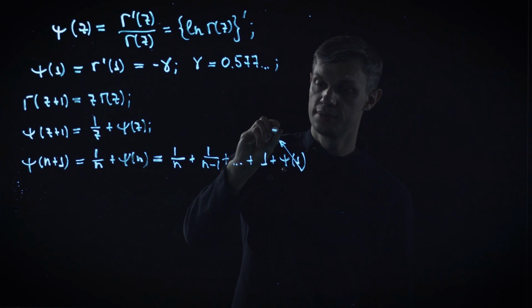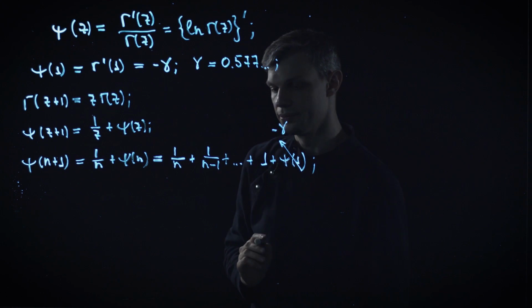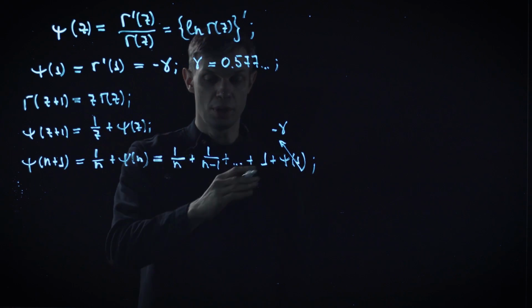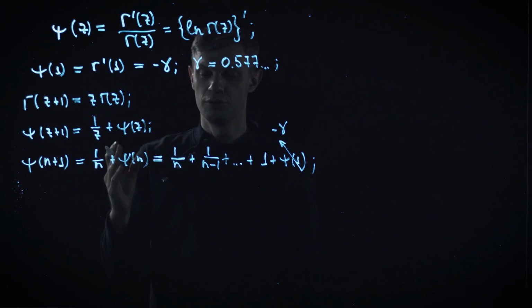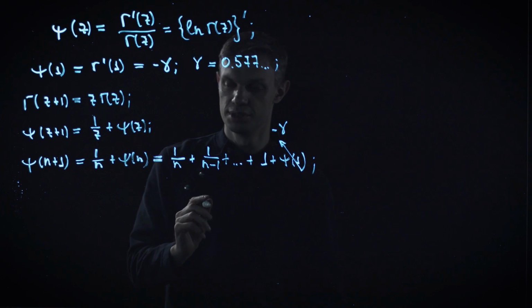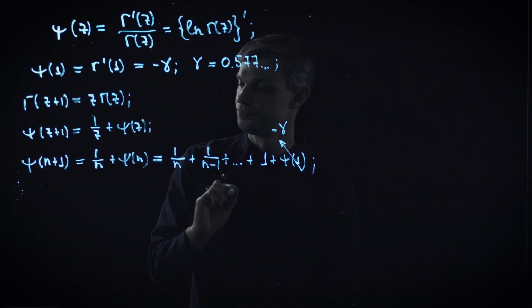And psi of 1, of course, is minus Euler's constant. So we'll use this equation later on for the proof of some further important properties of the Digamma function.